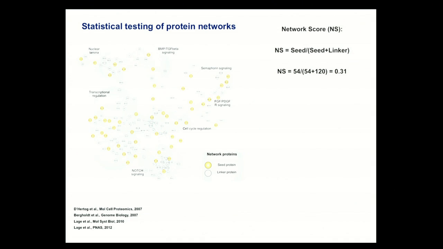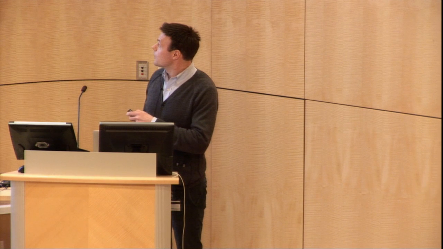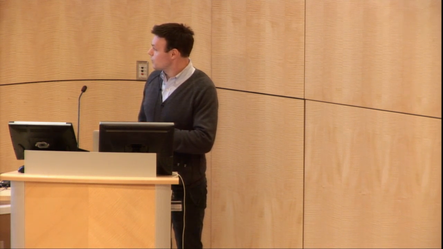And the question is now, how likely is it that we'll observe that by random? And we basically do permutation tests, because for these protein network analyses, we really don't have distributions that we can test this against, so we actually have to calculate the distributions for this specific set of proteins, and we do that by throwing in random sets of proteins that are matched completely to the seed set, and then we can actually make the distribution of network scores, and we can simply read out the p-value.